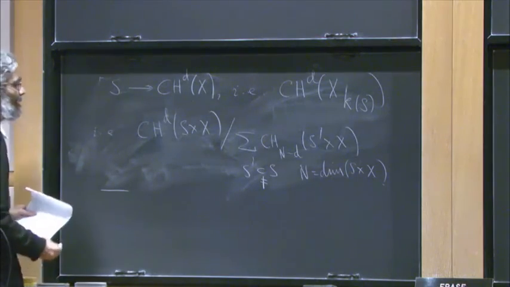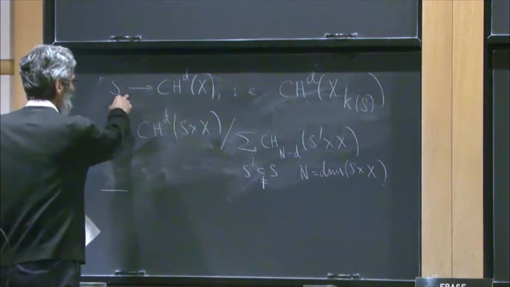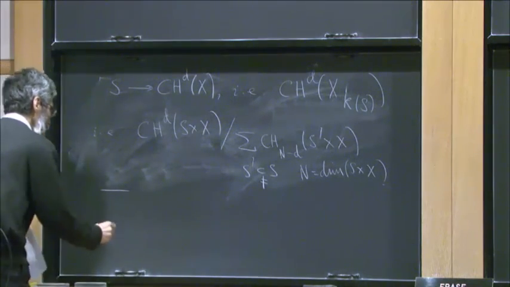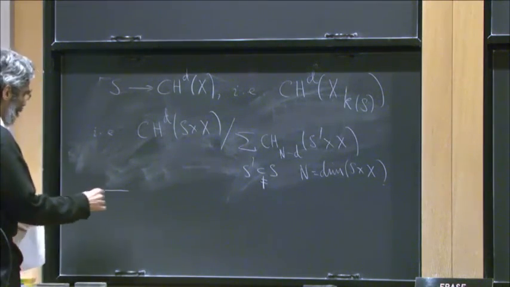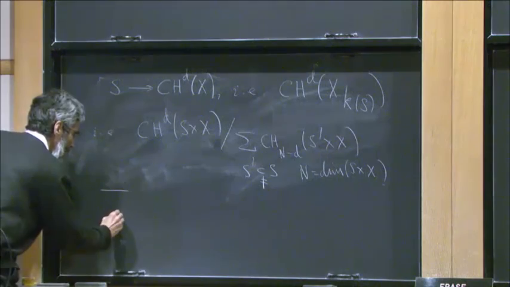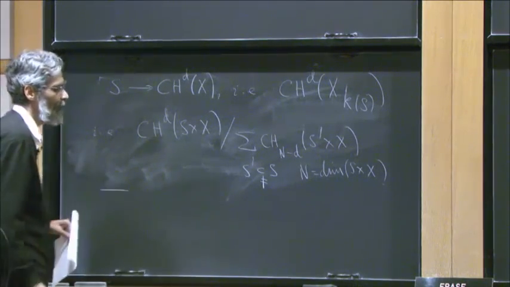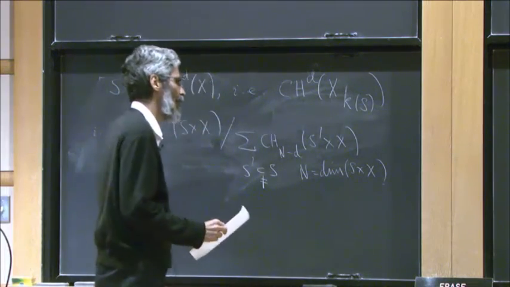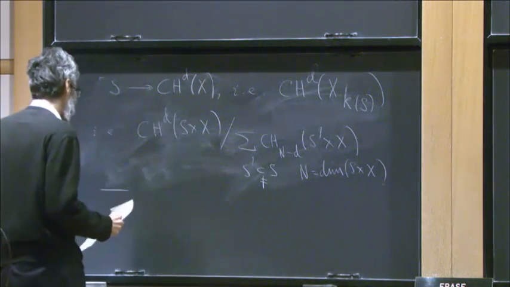So, in any case, associated to such a thing there are of course cycle classes. The simplest one is just in coherent sheaf cohomology with values in omega^d.